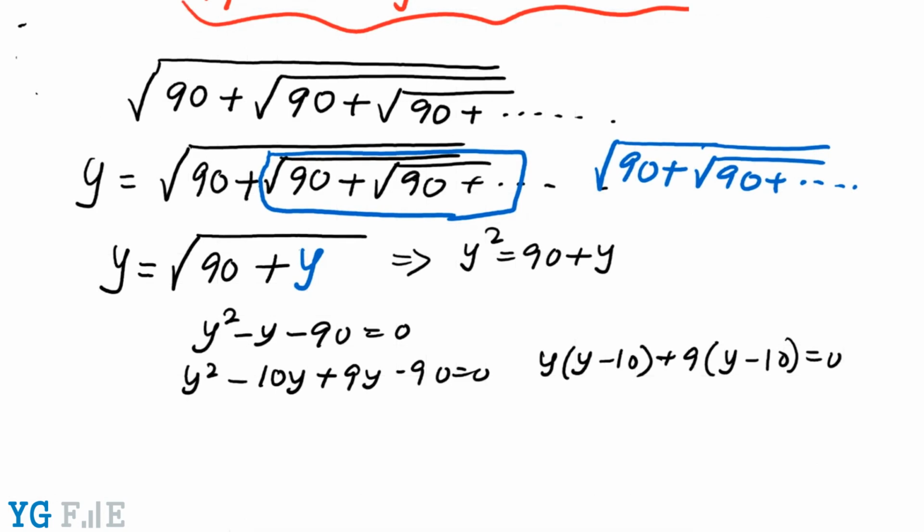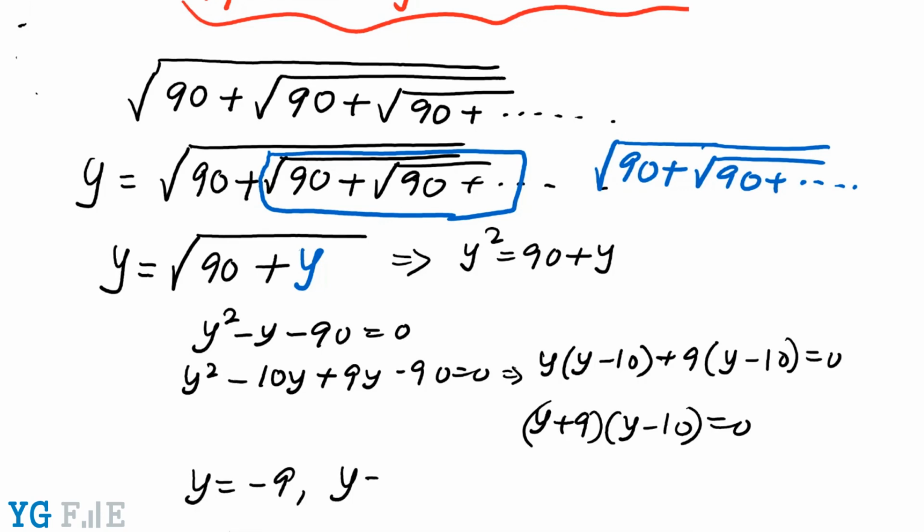So we get y plus 9 and y minus 10 as the factors. So what we get is y equal to either minus 9 or y equal to 10.